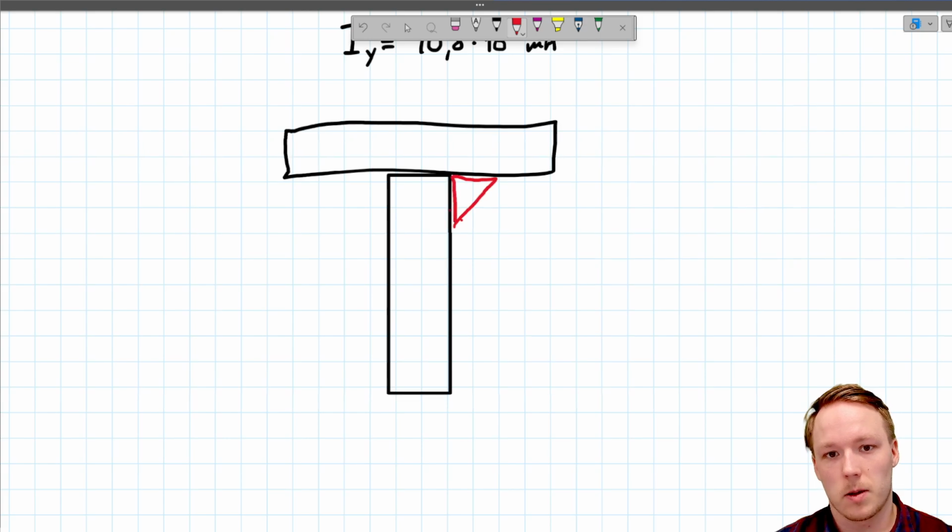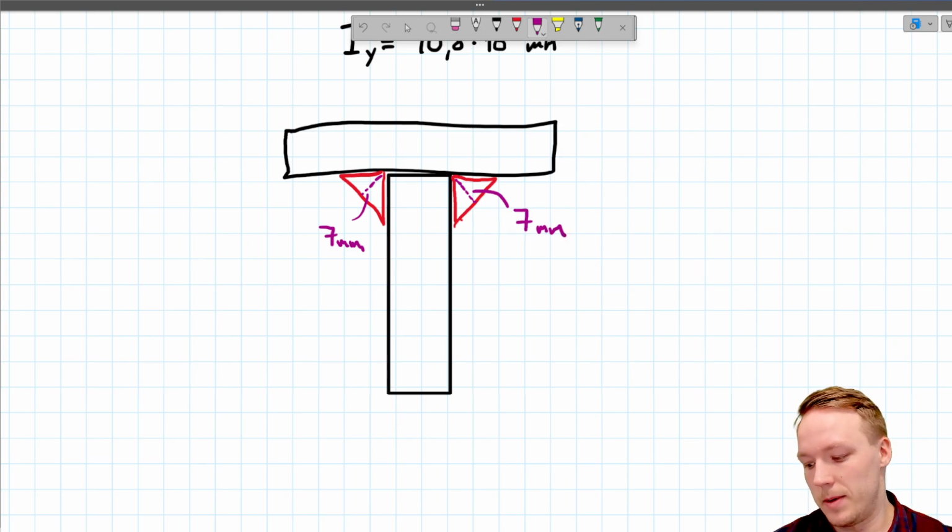So these are the welds. And since the welds are on both sides like this, the shearing in these welds will happen through here. And this dimension here is now 7 millimeters. A7 means that the A dimension, which is this dimension, is 7 millimeters.